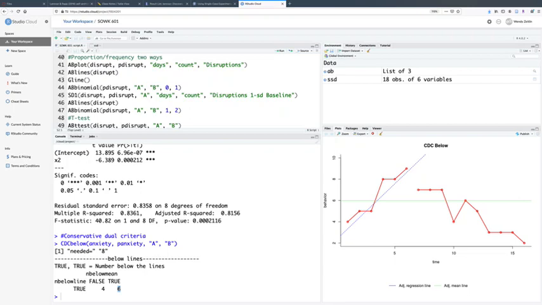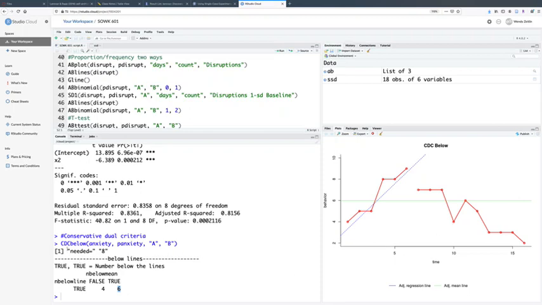Now you could have cases where you have no data points that are successful in the intervention, and then you may not even have in this output here a true condition. But we do have 6 data points that are considered successes in the intervention, and we can probably identify them: 1, 2, 3, 4, 5, 6. Those are the 6.